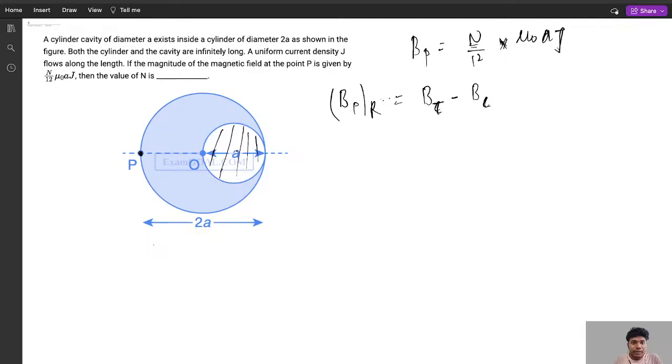Once we will assume that the whole current is going through the whole cylinder in the same direction. Suppose the current through this cylinder is in the dot direction. One time we assume that the current through the cavity is in the dot direction, and in the other case we assume that it is in the cross direction. Okay, then both nullify each other.